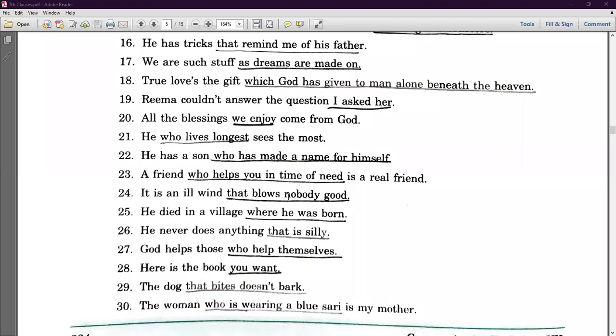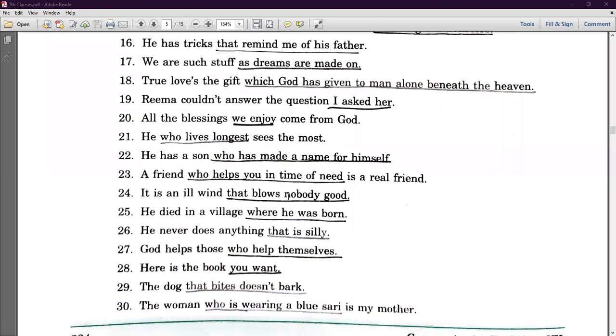It is an ill wind that blows nobody good. He died in the village where he was born. He never does anything that is silly. God help those who help themselves.